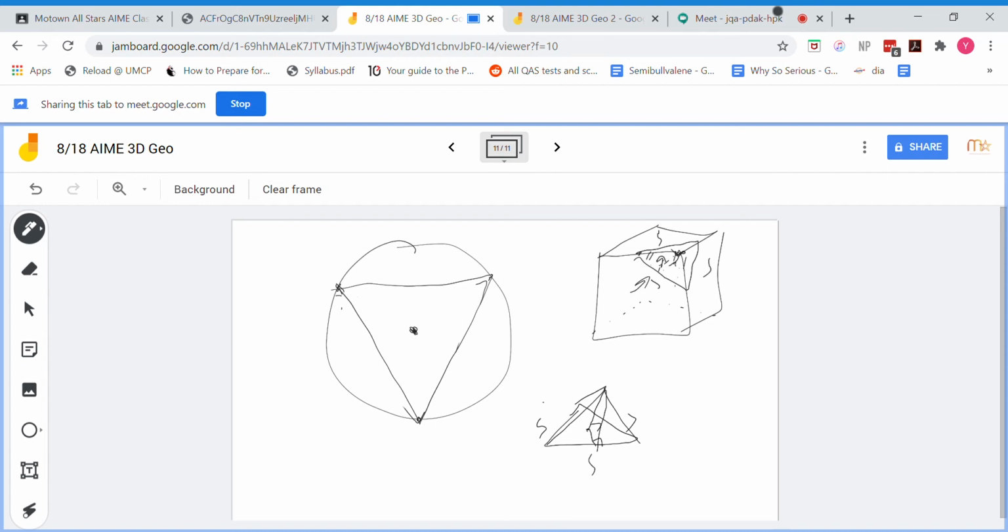Here, I should probably label this. So A, B, C, D. So B, C, and D. And so given BC is S, then AB equals S over root 2, right? Since this is all symmetric. And so since we have A, B, C, D, we'll call this centroid G.